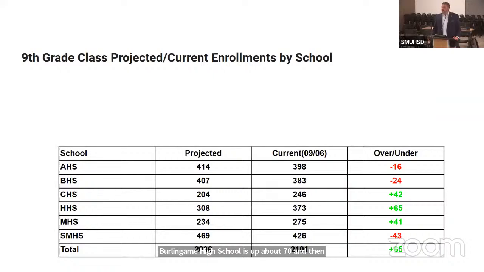And so this shows what we projected for our freshman class. Remember, when we project, it doesn't count that we're going to be moving students. If you remember, 1 out of every 4 students do not go to the school that they are supposed to. They ask for transfers, and we do that really well through the lottery process and the one-to-one process.